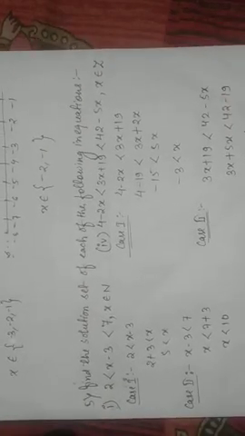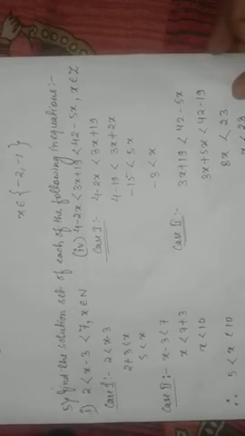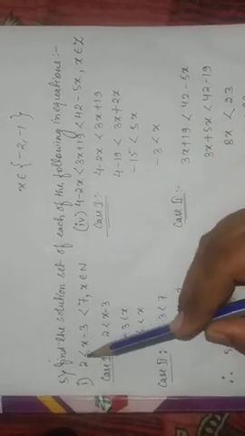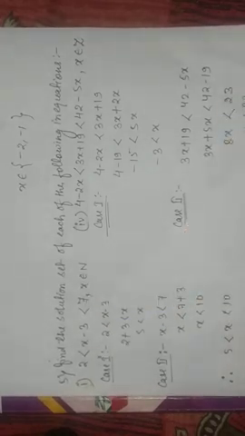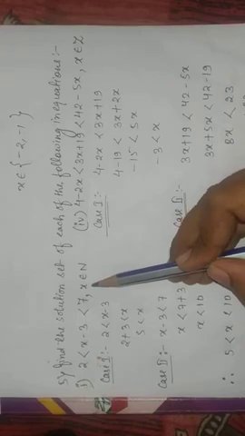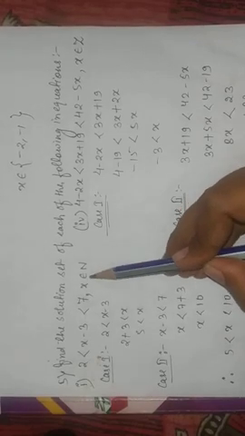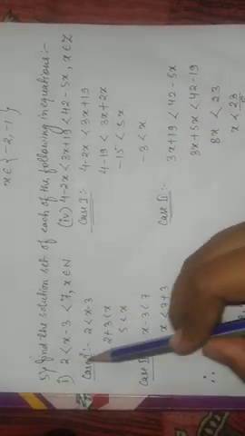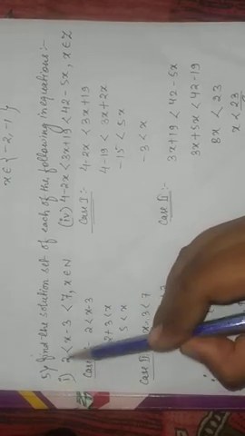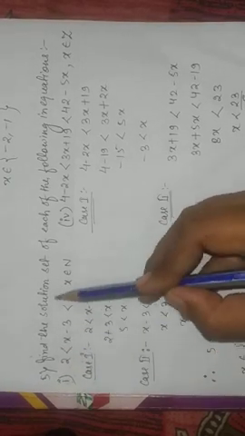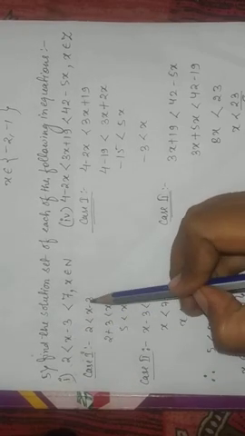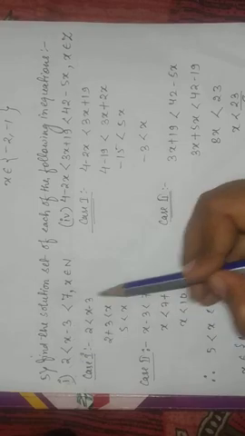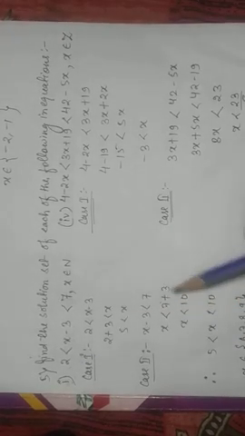And then question number 5. In question number 5, there is a little bit of difference. That is, there are 3 inequations given to you. And x belongs to N. That means natural numbers. So first of all, we take these two and then these two. 2 < x - 3, and then x - 3 < 7. Two cases are there.